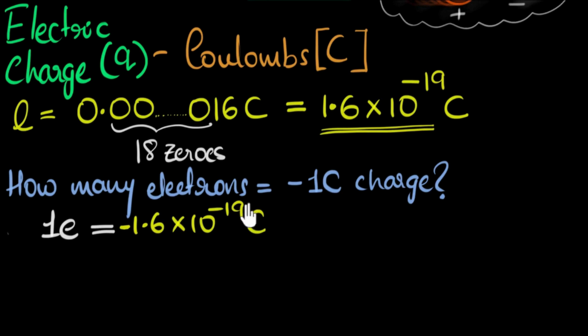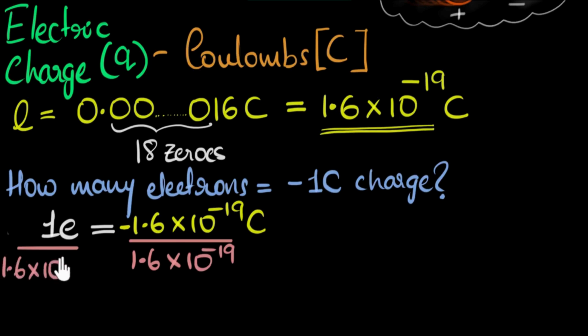So to make this right-hand side 1 coulomb, I will divide the right-hand side by 1.6 times 10 to the minus 19, so that this will cancel and become negative 1 coulomb. So I'll have to divide the left-hand side as well by 1.6 times 10 to the power minus 19.